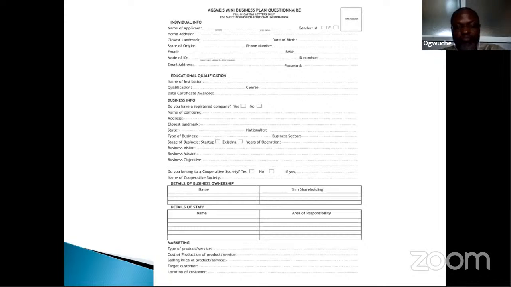Cost of production and services. Well, when you are looking at the cost of production of any item, you are looking at the totality of the expenses that go into producing one item. Let's use a poultry farm as an example again.